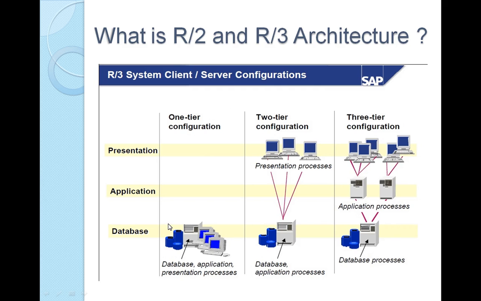When we come to three-tier architecture, database layer is on a different system, application layer on a different system, and presentation on a different system. That is, you install the database on a different server and SAP software on a different server, and end users will access your SAP from different locations, different client systems, different work centers. That is called a three-tier architecture.